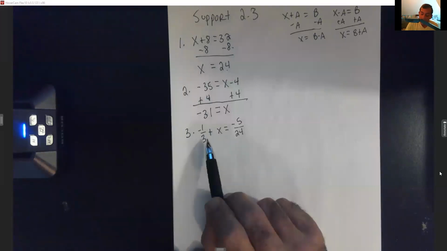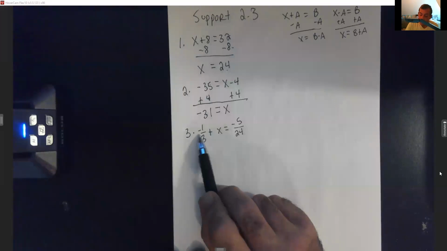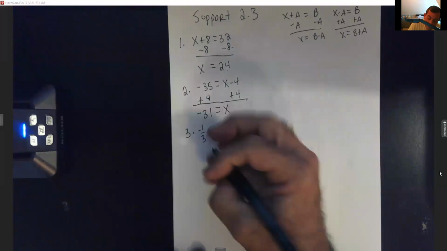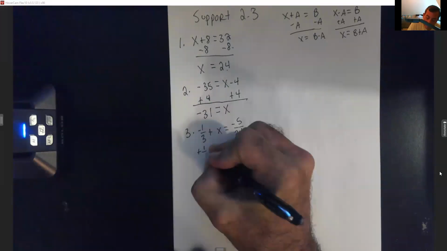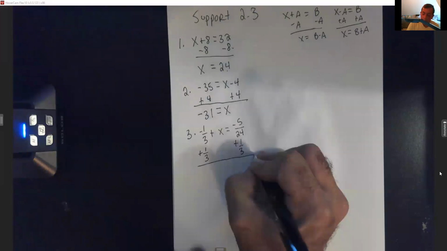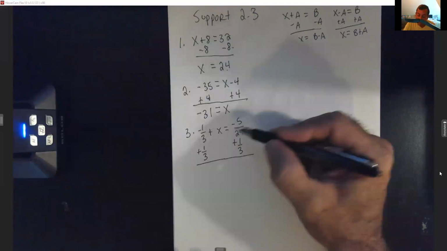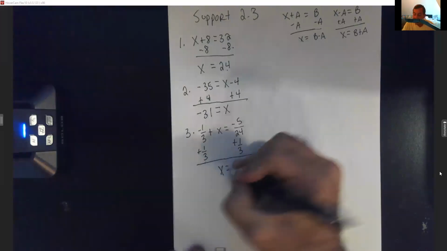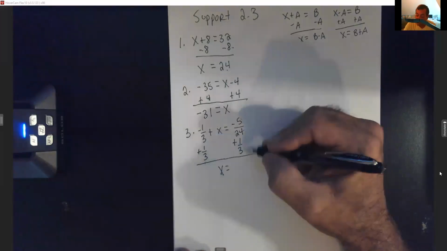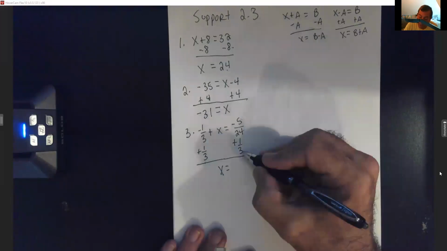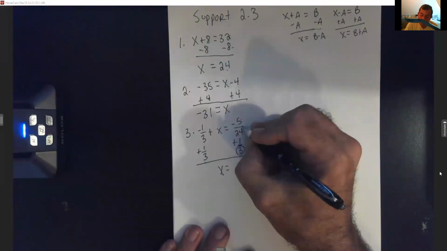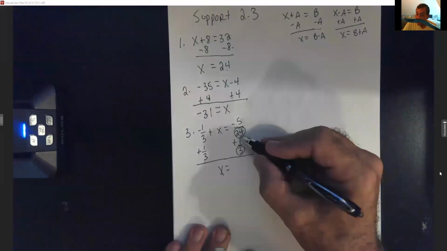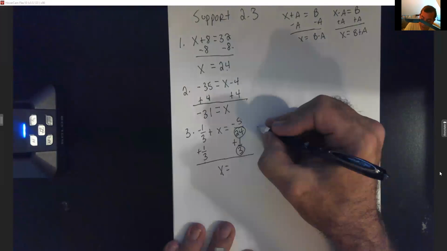So since that's a negative 1/3, I'm going to add a positive 1/3 to both sides. Now, what we got to realize is these cancel, bringing down your x. But y'all, I cannot add these fractions until I find a common denominator between the 3 and the 24. And the smallest number that 3 and 24 both go into is 24.